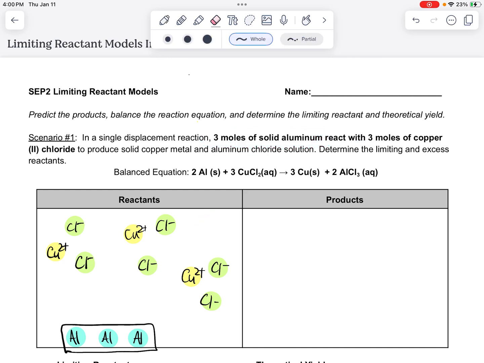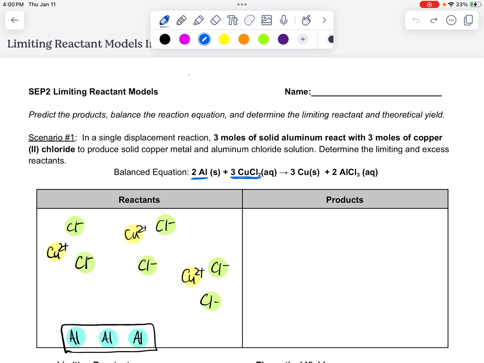So now I'm going to take this equation that I have and I am going to use it to determine how much product I will make. Okay, so in my reaction, it says I need 2 moles of aluminum and 3 moles of copper 2 chloride in order to make this set of products, so 3 coppers and 2 aluminum chlorides.